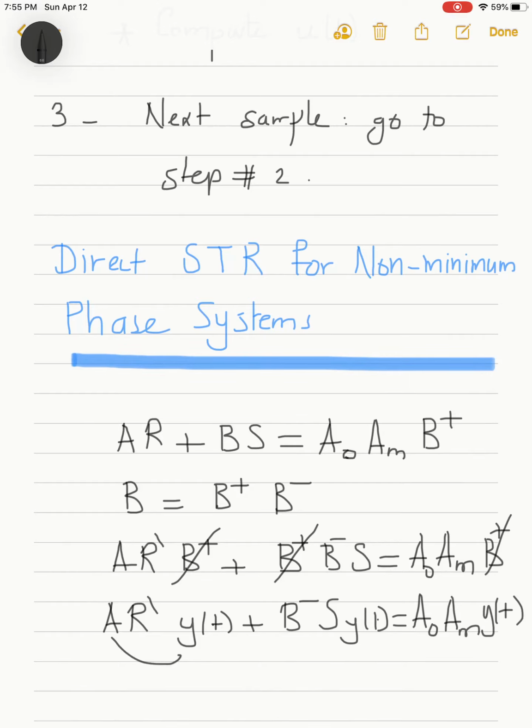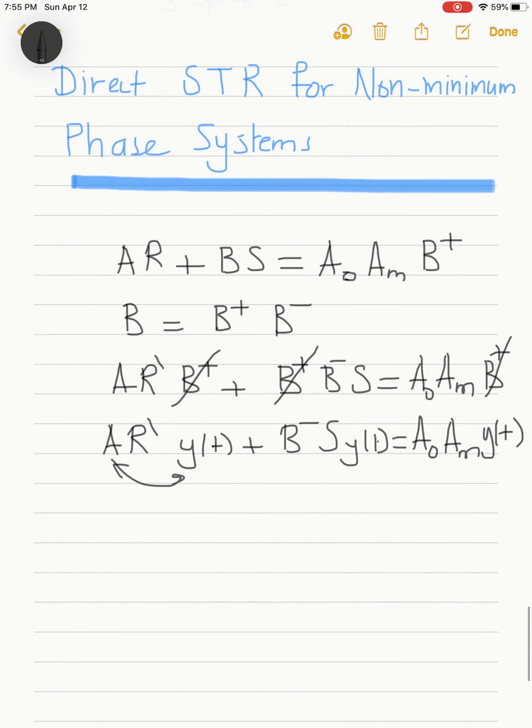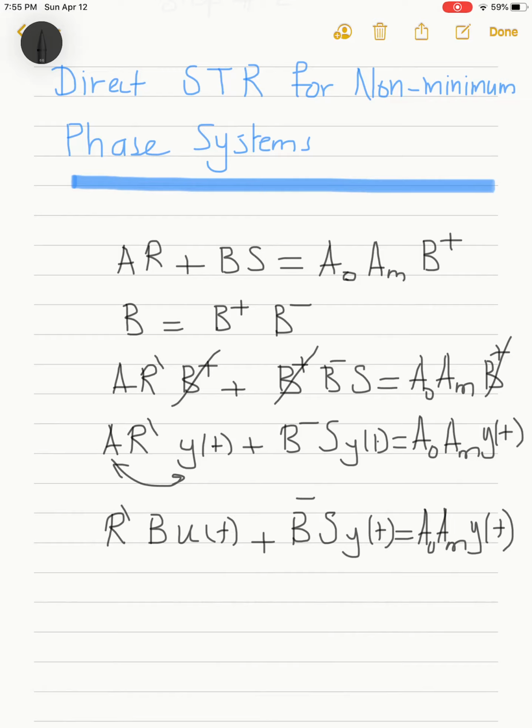And again, A times y can be substituted for by B times u plus B minus S y of t, and that will be equal to A node AM times y of t.